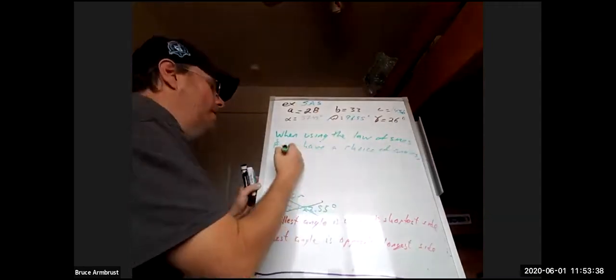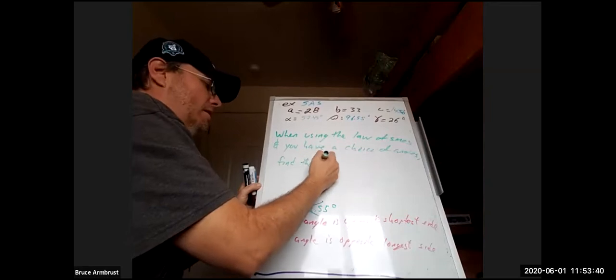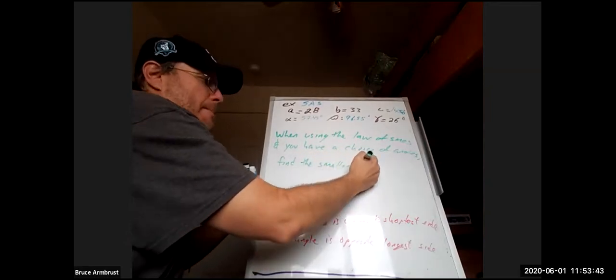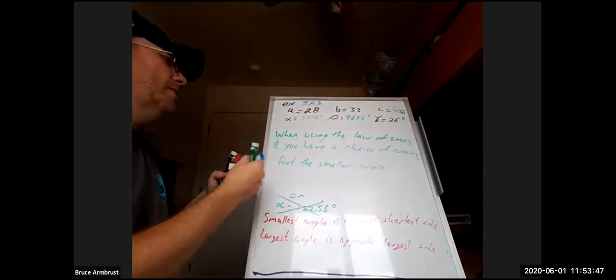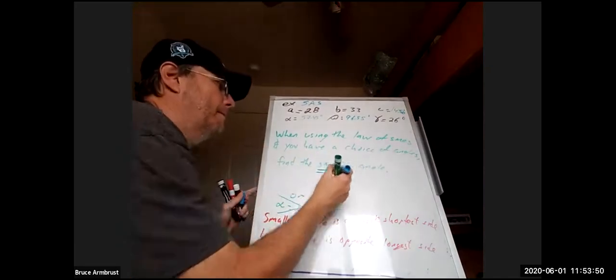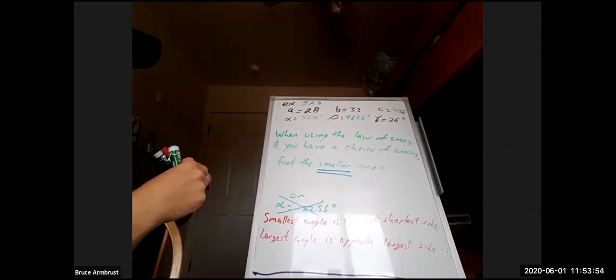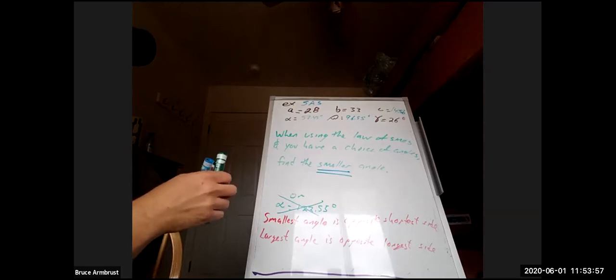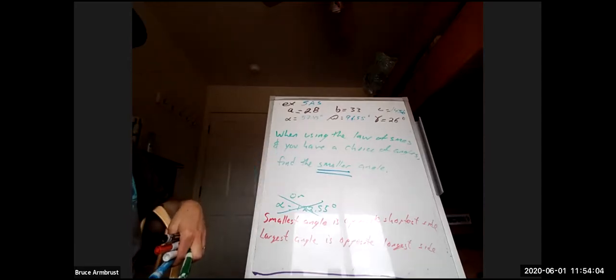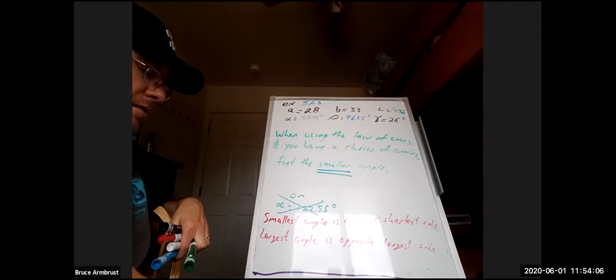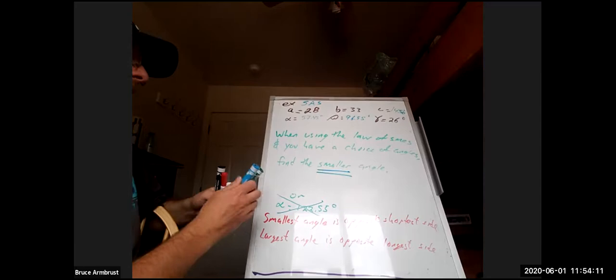What you want to do is find the smaller angle. So with the law of sines, when you have a choice, find the smaller of the angles. If you do that, you don't have to worry about the or. In this situation, inverse sine will give you the correct angle.